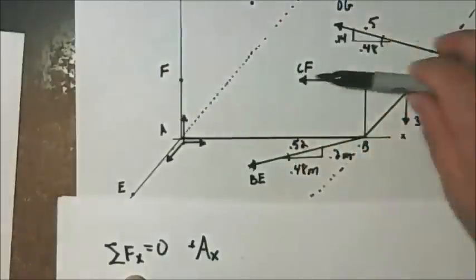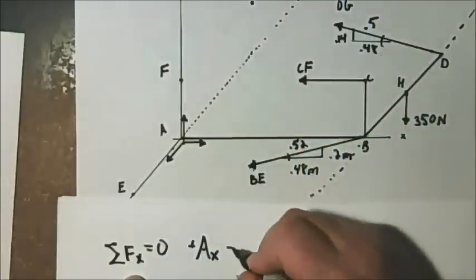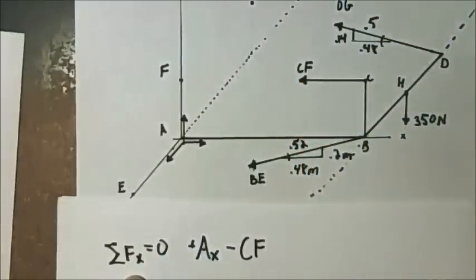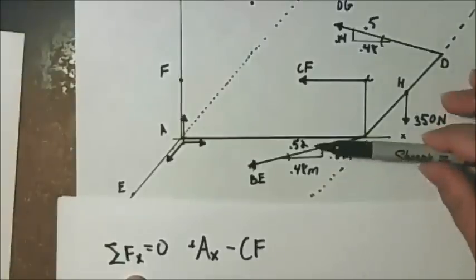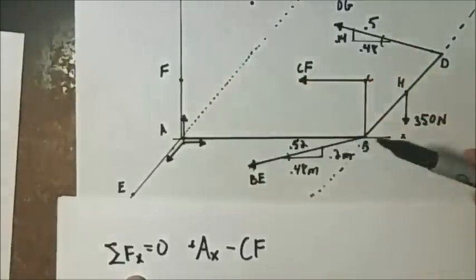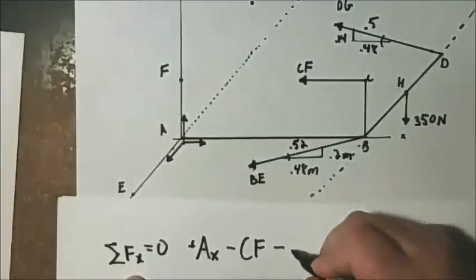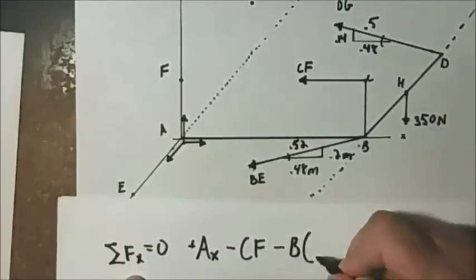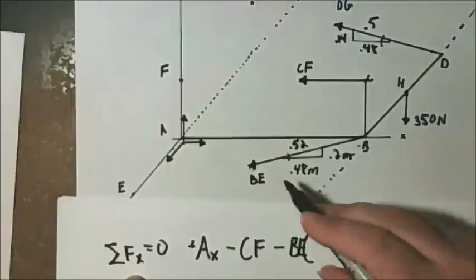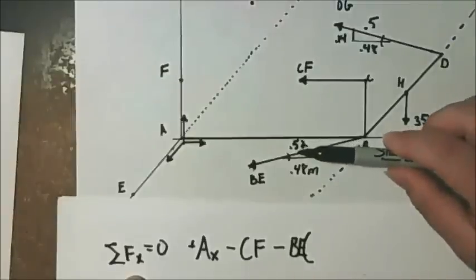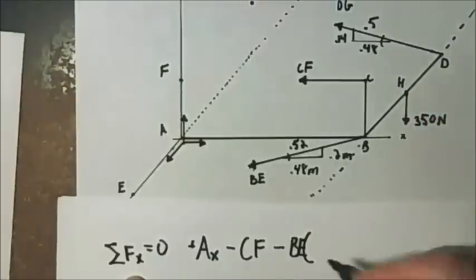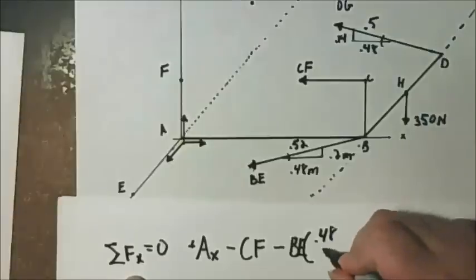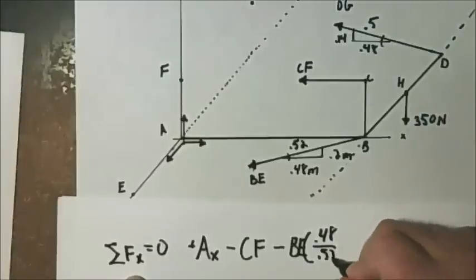And then we have the force CF going in a negative x direction, negative CF. Then we have the x component of BE in the negative direction, negative BE times the slope, which is going to be the cosine, so it's 0.48 over 0.52.